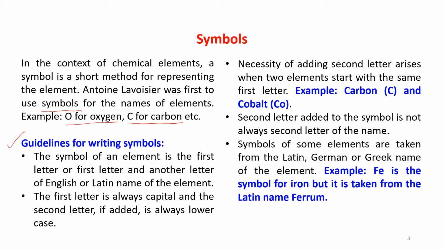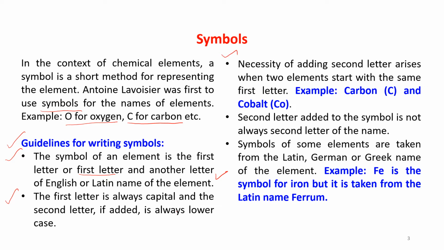This is just recapitulation. The first one is, the symbol of an element is the first letter, or the first letter and another letter, of the English name, or the symbol can also be represented by their Latin names. The second one, the first letter is always capital and the second letter, if required, is always lowercase.